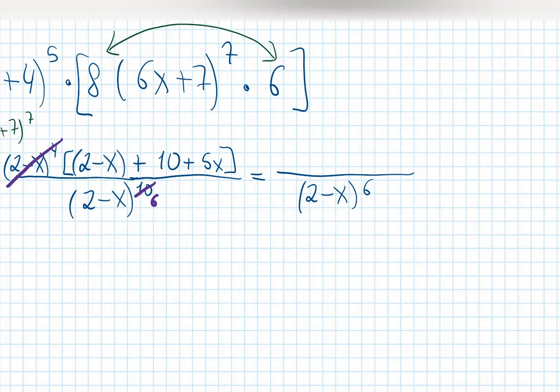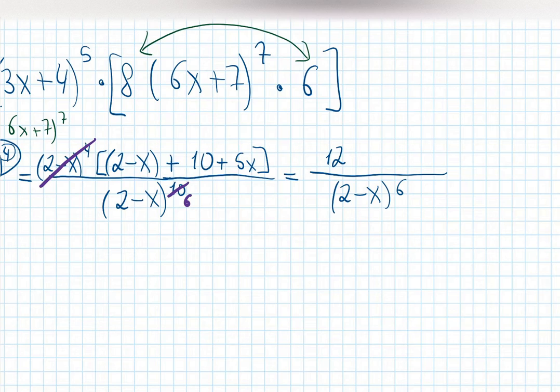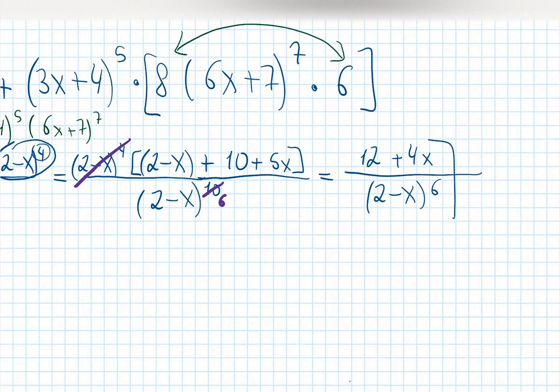And what stays at the top is going to be 2 plus 10, 12, minus x plus 5x plus 4x. 12 and plus 4x. In the solution, I can see we factor out 4 for some reason, so it becomes 4 and then 3 plus x. I'm not going to do that. I think it's good enough.